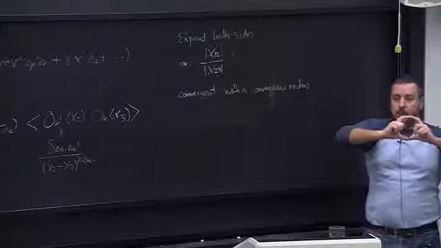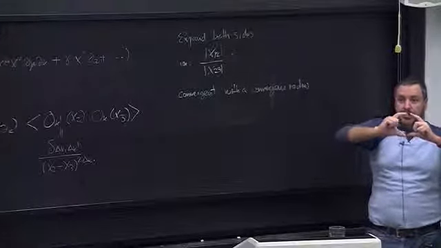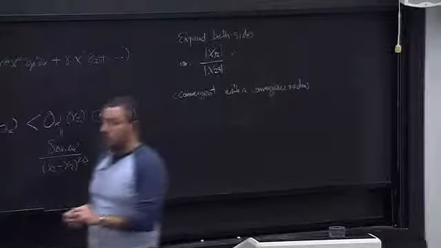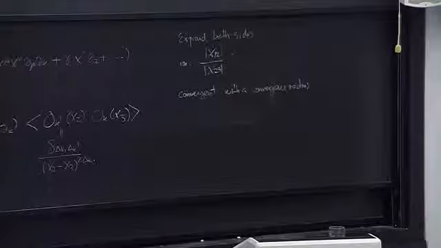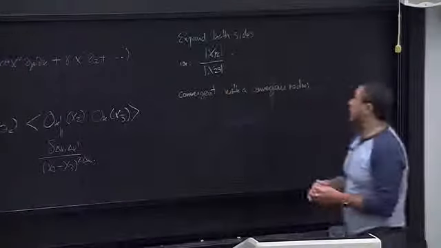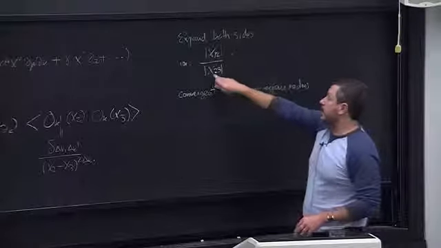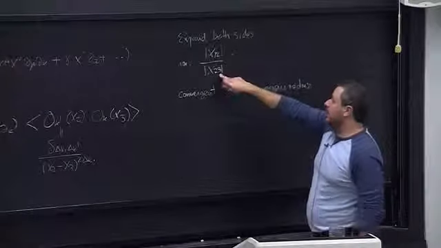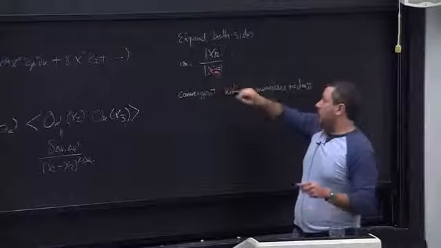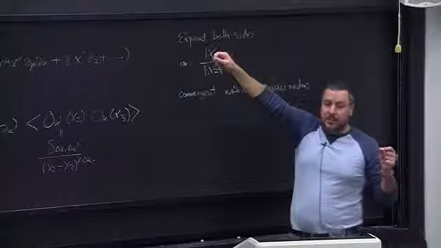The radius of convergence of the expansion is up to the next operator. And you can prove this explicitly in this example. You can show that this expansion in a small x12 is convergent as long as x23 is bigger than x12, which means that x3 is farther away than x2.